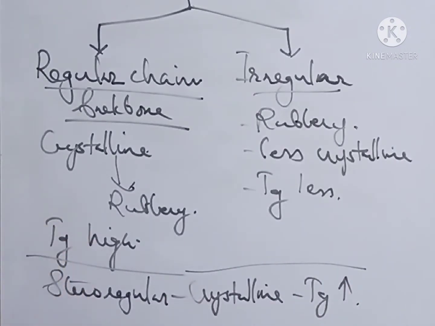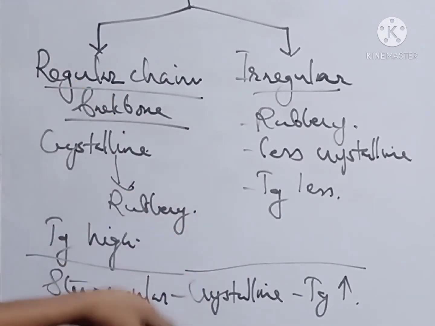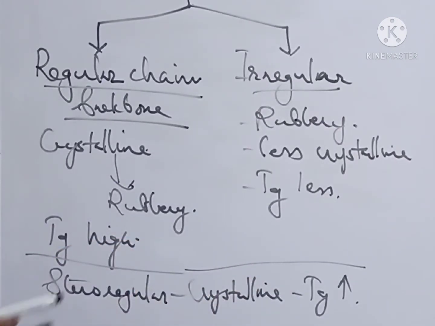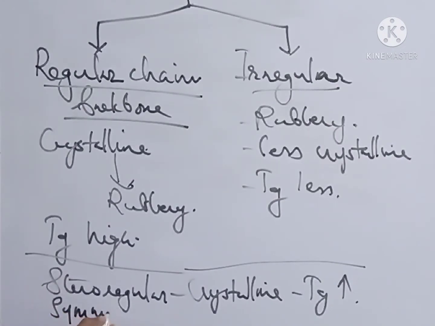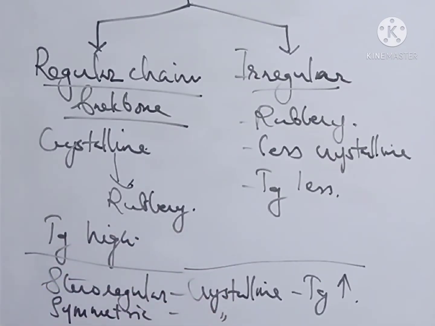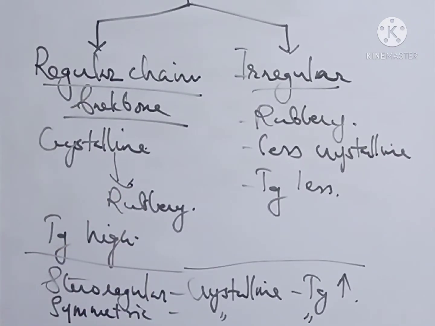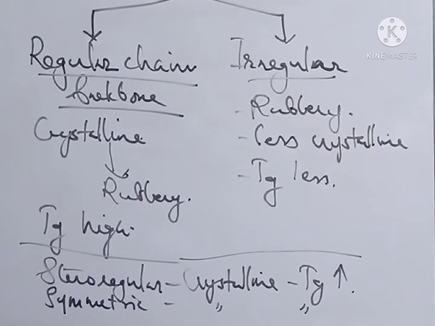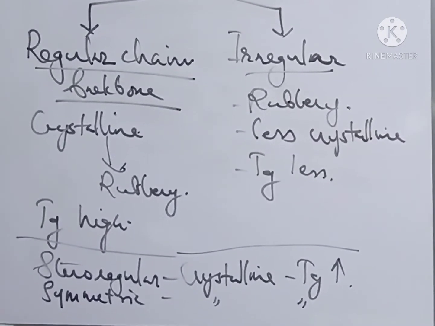On the other hand, if they are not stereoregular structures, then their glass transition temperature is very low. In the same way, we can relate the glass transition temperature with symmetry also. That means if the polymer is more symmetric, then it exists as a crystalline substance and the glass transition temperature is very high. This is about the geometry of polymers and its relation with glass transition temperature.